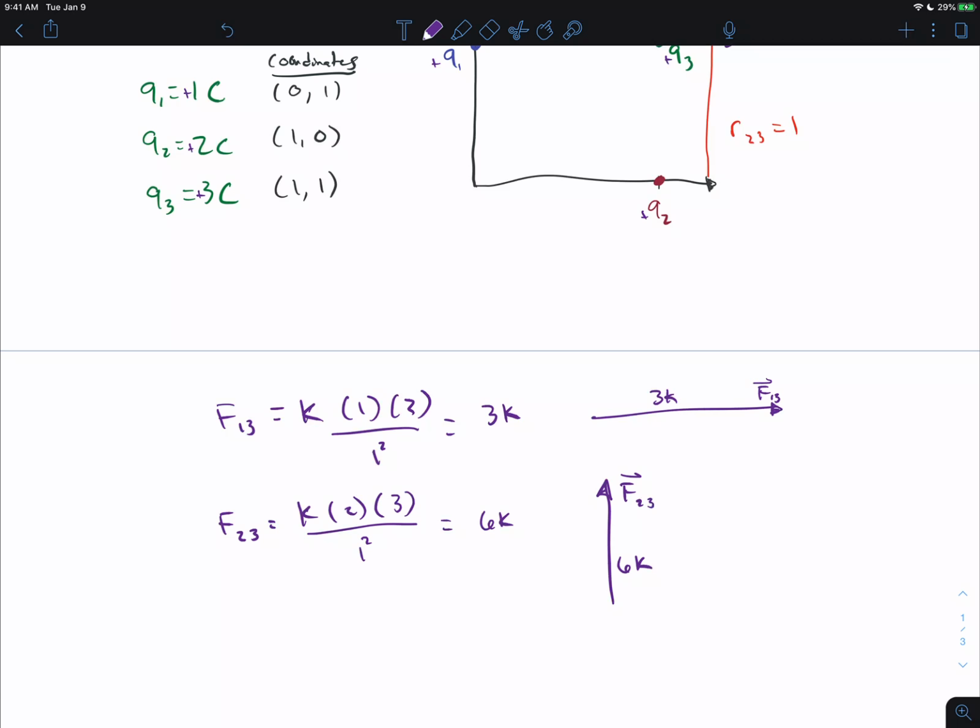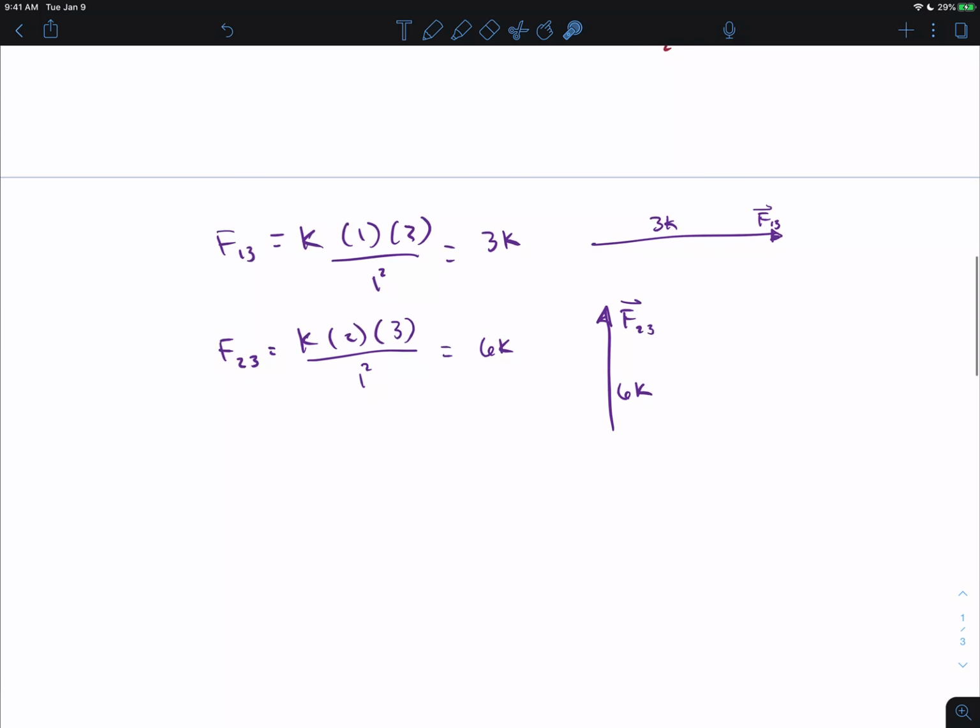So there are two forces on my charge. What's the net force here? What's the total force that is going on here? All we have to do is make a triangle, same way we would for any net force of two forces.